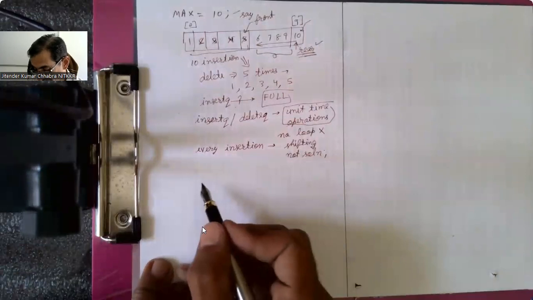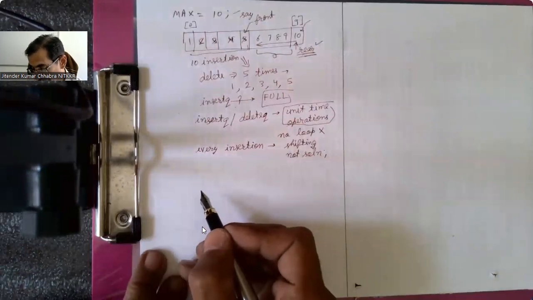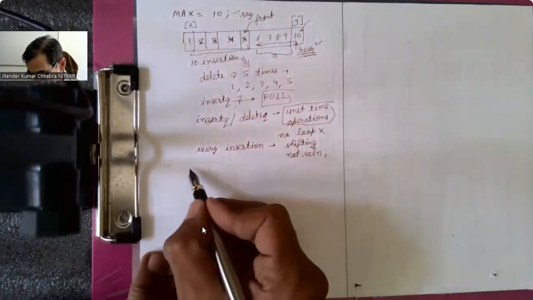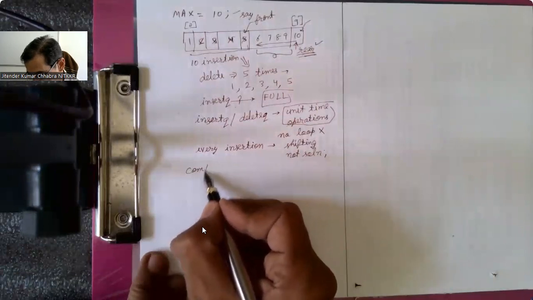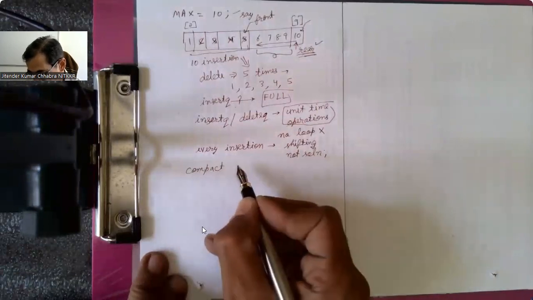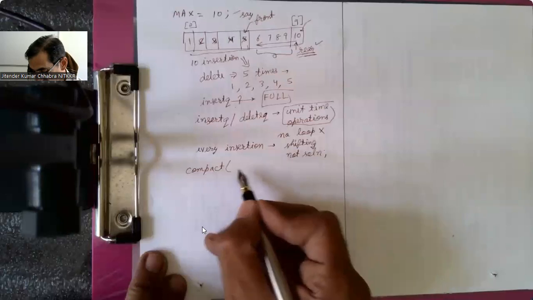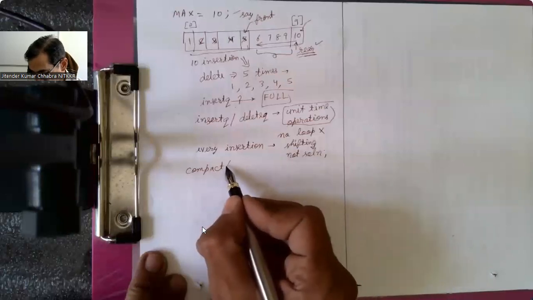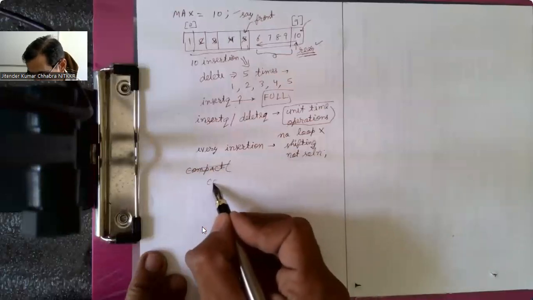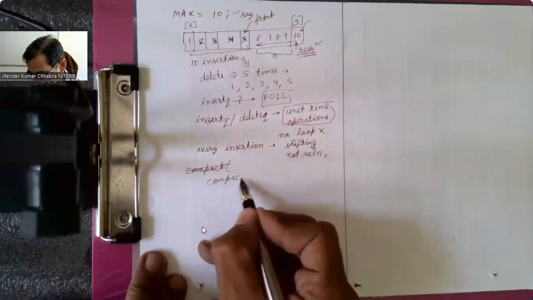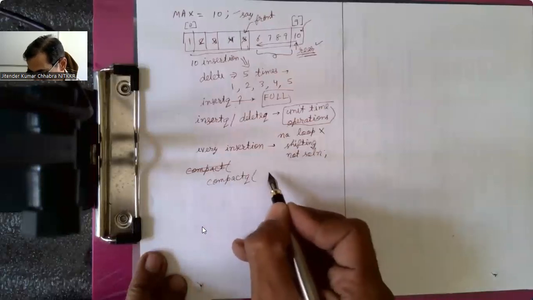So in such situations, normally a compact operation will be implemented, and not called every time, but sometimes as per necessity, I will say the compact queue operation can be implemented.